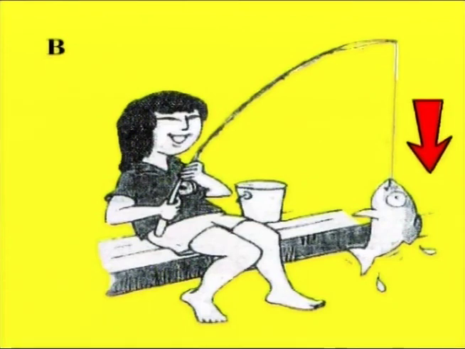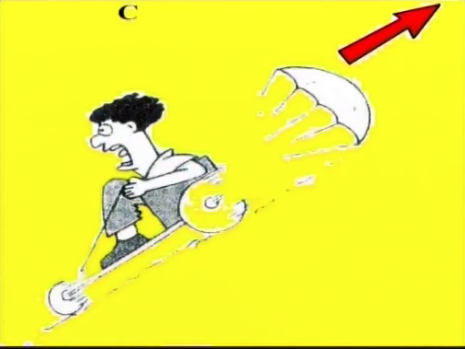Okay, picture C. Picture C, you do the same. Check your list and see the picture and think what is happening there.